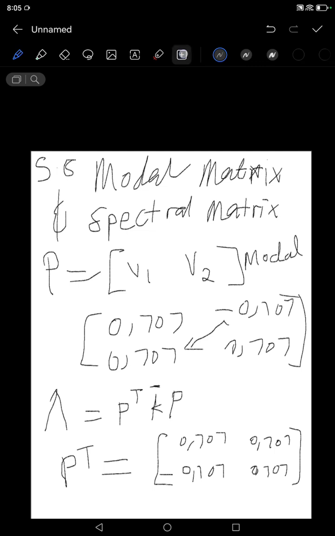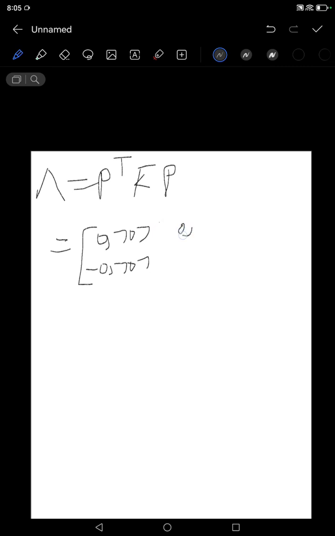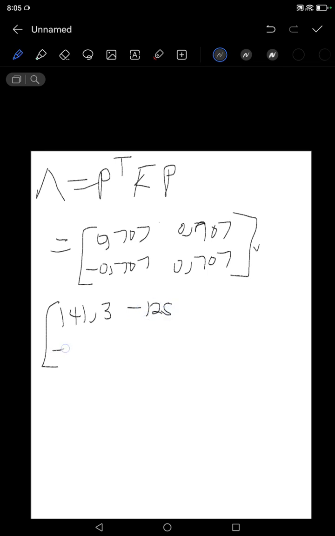So you just substitute, and the spectral matrix is going to be P to the power of T K P, like this. So we have 0.707, minus 0.707, 0.707. This is for P to the power of T, and then for K, remember we're multiplying. For K it was 141.3, negative 125, and negative 125, and 141.3.